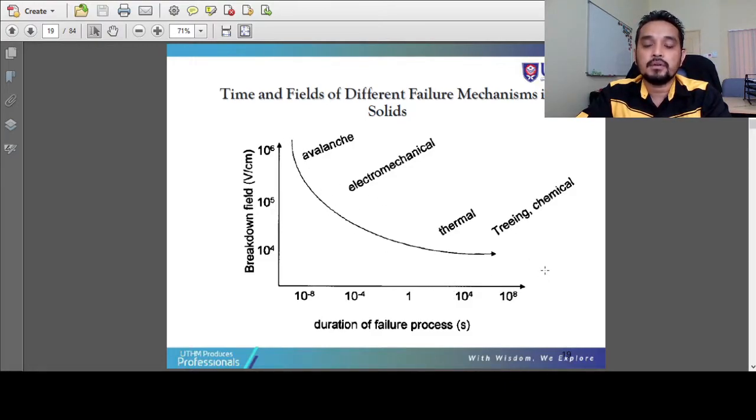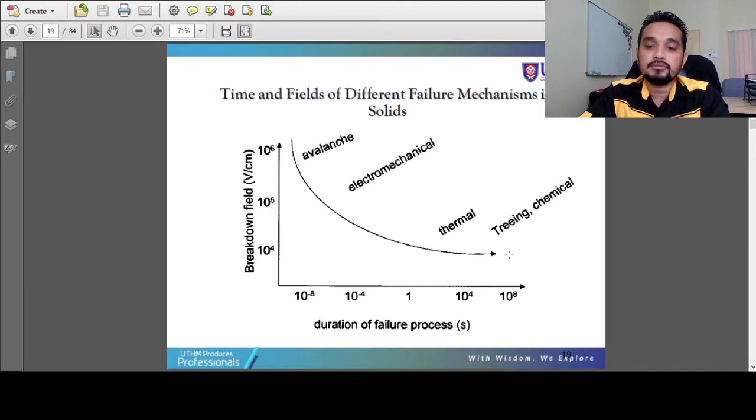If we look carefully, avalanche, normally referred to as intrinsic breakdown or electronic breakdown, will happen in microseconds. Electromechanical happens in milliseconds. Thermal will take time on the order of 10 to the power of 4, and treeing and chemical effects will take a far longer time.